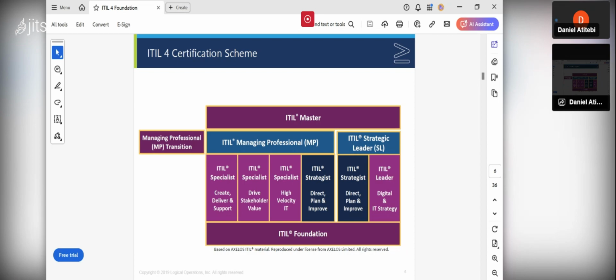Under the ITIL specialist, classified under the ITIL managing professional, you need to take this course, high velocity IT. On the same route, you look at the ITIL specialist, you need to take this course, drive stakeholder value. Under the ITIL managing professional, you also see ITIL specialist, create, deliver, and support. So by the time you finish these four courses, you now have what they call ITIL managing professional.